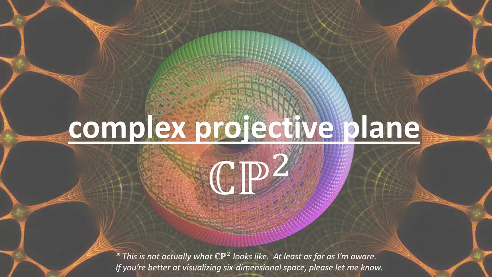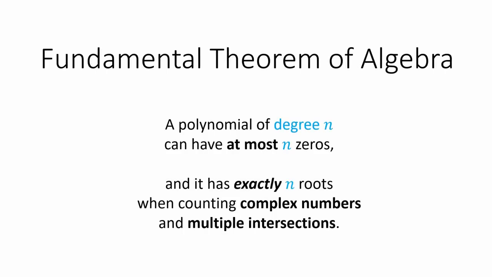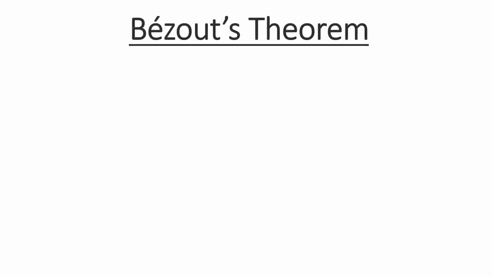These observations we've made hint at a much deeper principle at work. In fact, a generalization of the fundamental theorem of algebra, as we discussed at the beginning of this video. This principle is known as Bézout's theorem in algebraic geometry.